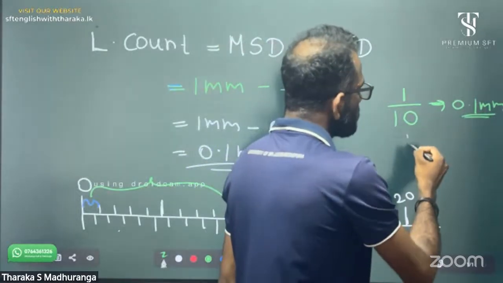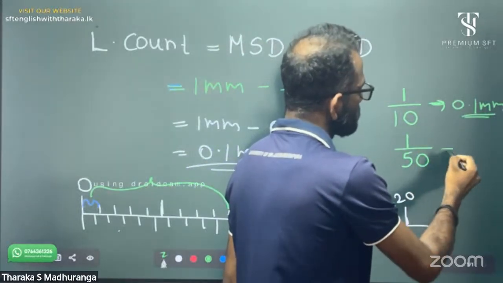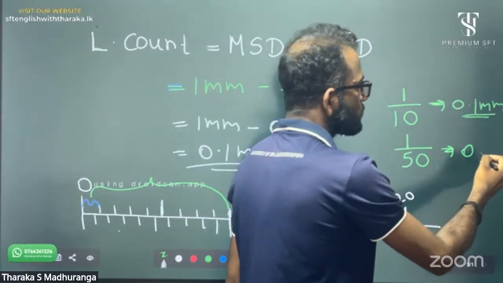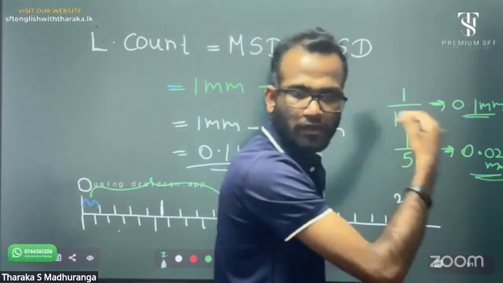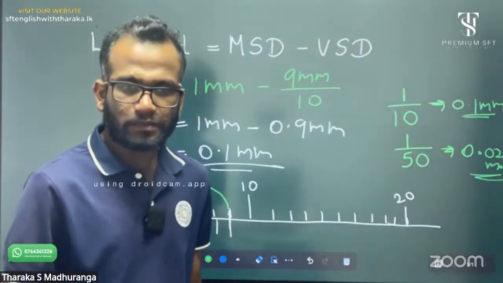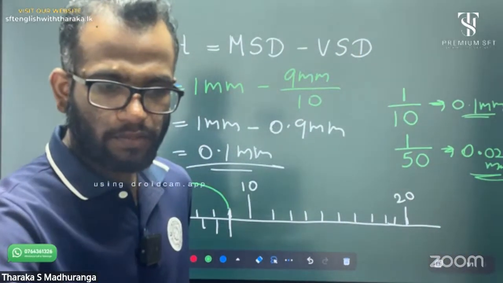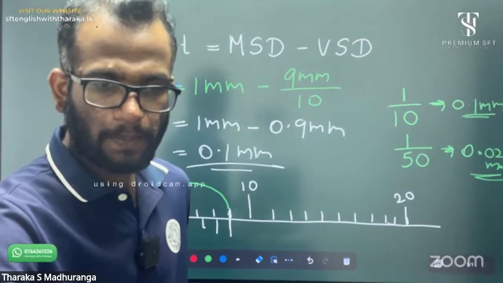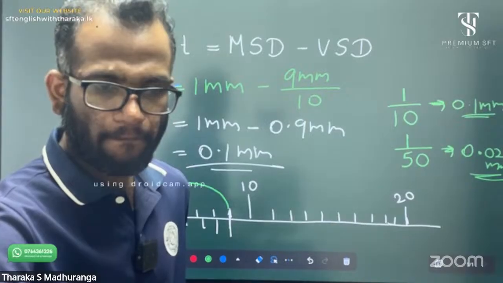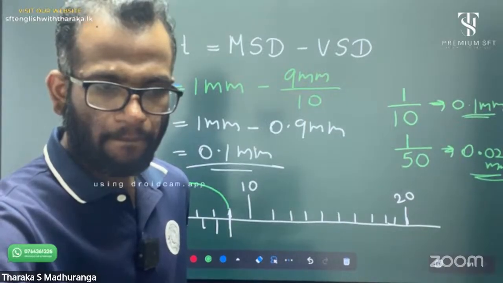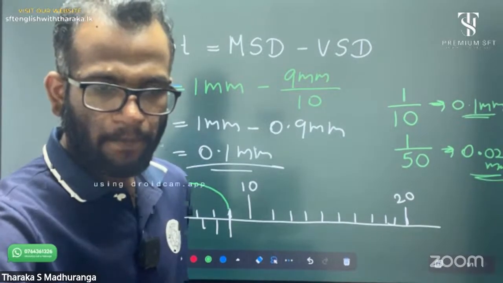In the short method, 1/50. That is 0.02 millimeter. Are you clear? Okay.